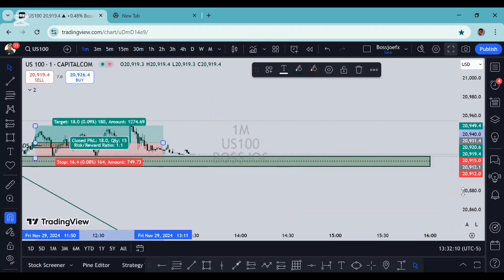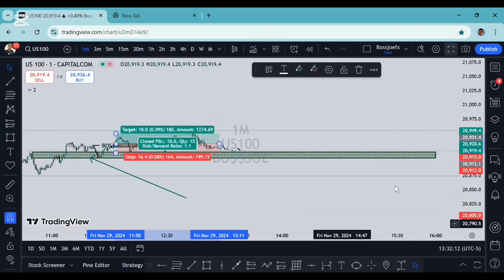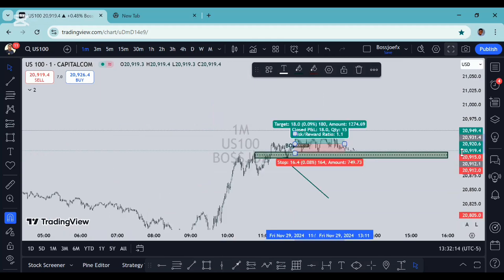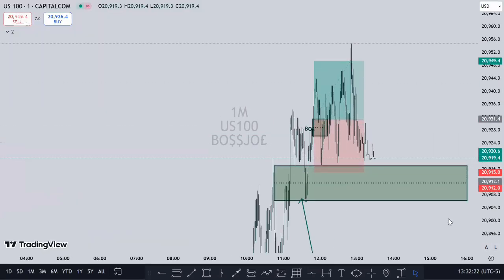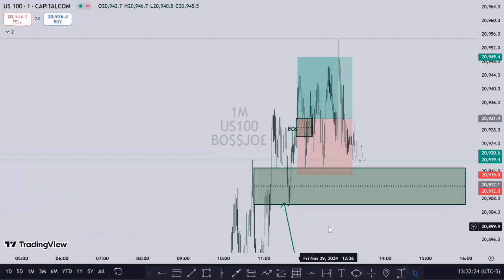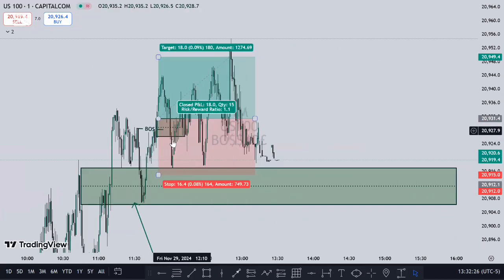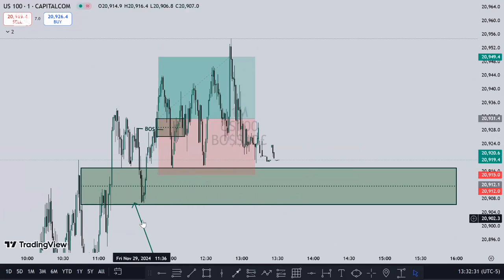Have you seen that? That's how my trading would have been on this particular trade. And this is an example of a high resistance liquidity run. Do you understand? Yes, sir.